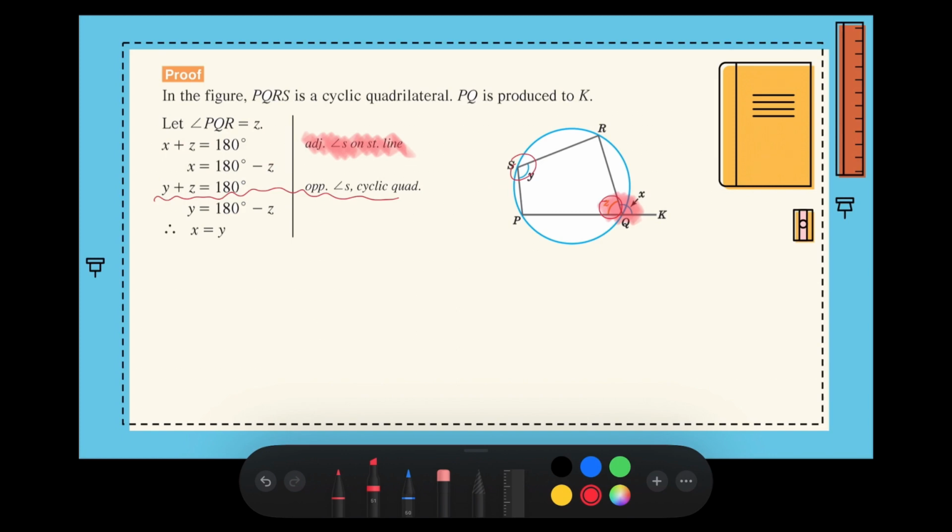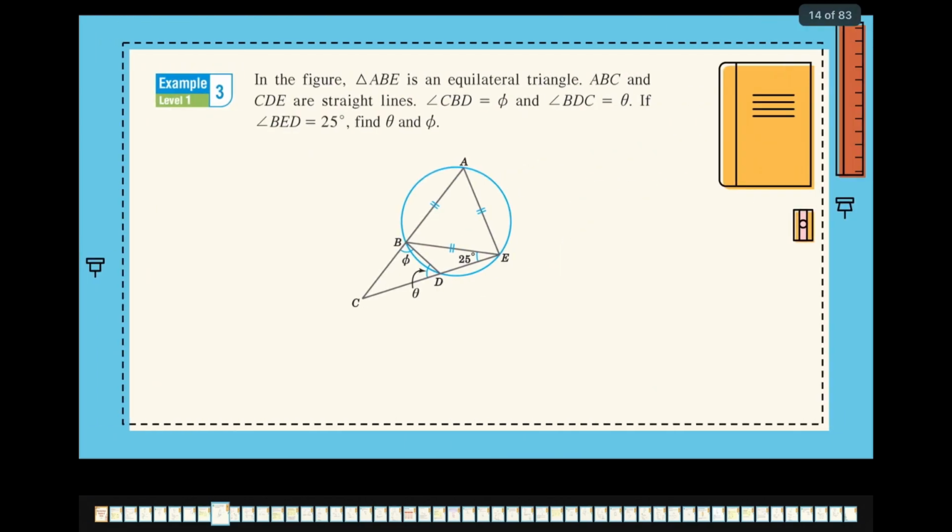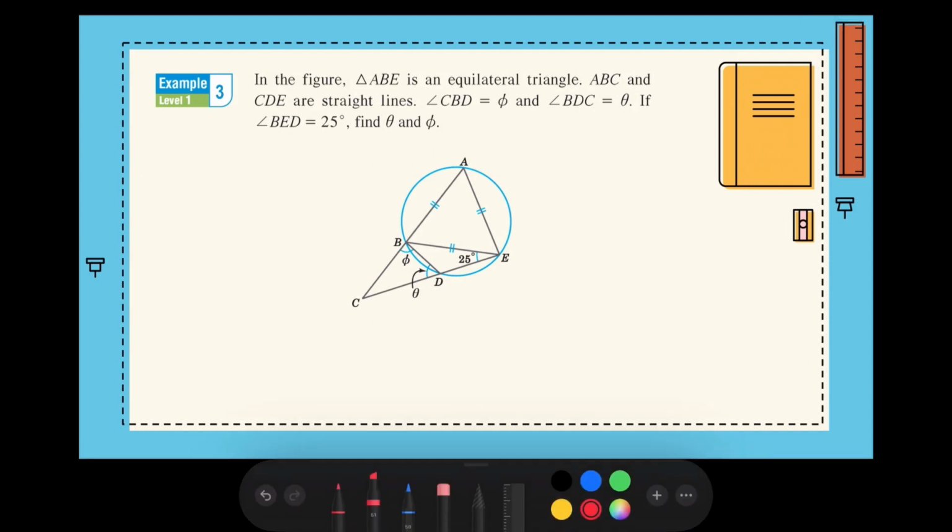After looking at the proof, let's look at how we can use it to find some unknowns. In this figure, triangle ABE is an equilateral triangle, meaning all the lengths are the same and all the angles are the same. ABC and CDE are straight lines.